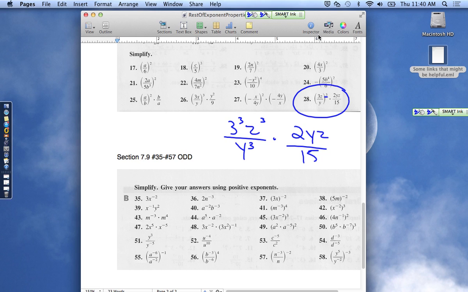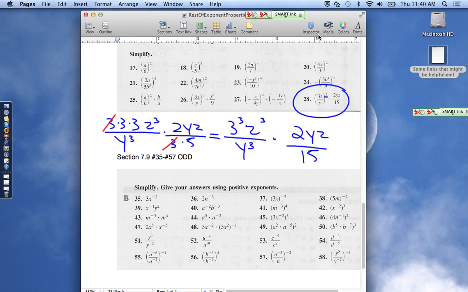And 15, I'm going to write this so that it's really simple. I have 3 times itself 3 times. And 15 is really 3 times 5. So when I'm cleaning this up or simplifying it, I have a factor of 3 and a factor of 3 that can be removed from the problem.